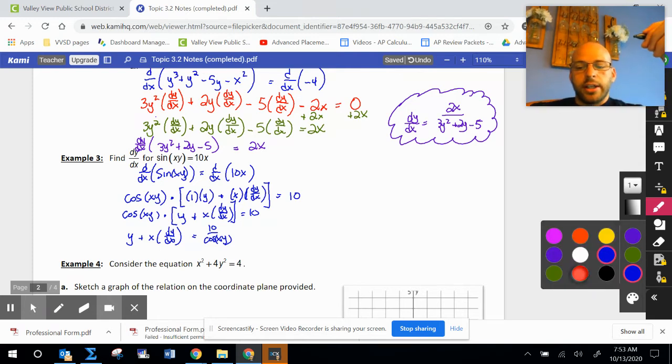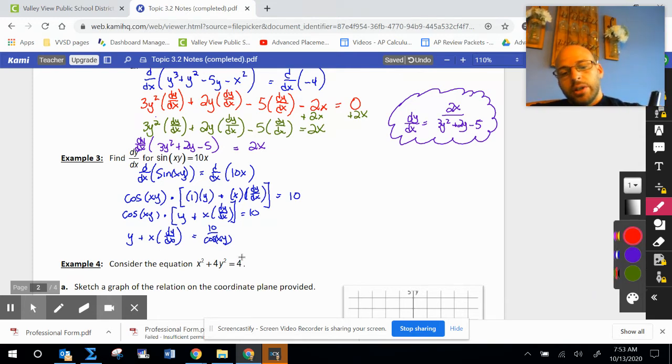Let's change colors. I need to give myself a little bit more room. So I'm going to have an x times dy over dx equals 10 over cosine xy minus y. And then I need to divide both sides by x.